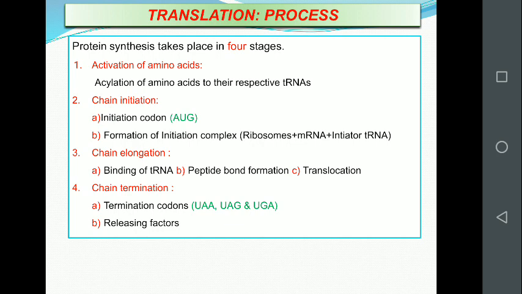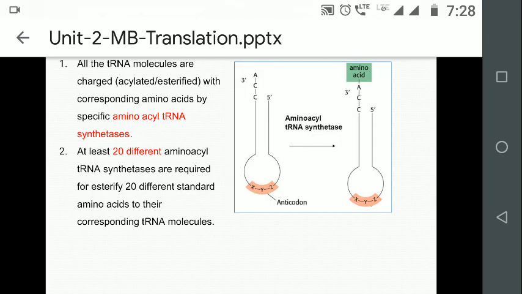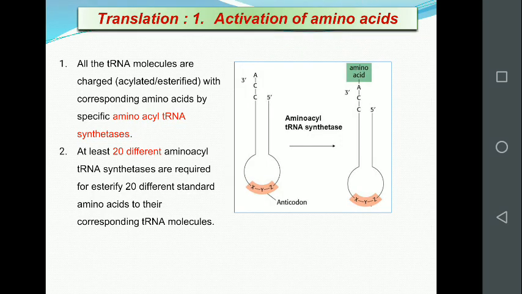Because of the termination codon, the translation process is terminated, because there is no specific tRNA molecule which can recognize the termination codon. So these are the 4 basic stages in the translation process. Now let us start with the first stage, that is activation of amino acid.